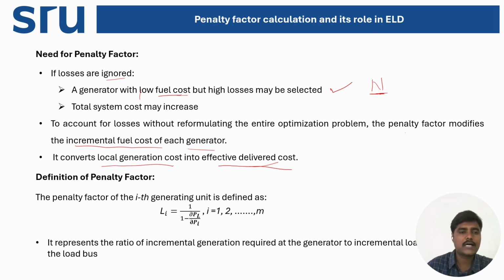So based on all these concepts, you can define the penalty factor for the ith generator as Li is equal to 1 by 1 minus dou PL by dou PI, where this Li is called the penalty factor of the ith generator, that can be expressed as 1 by 1 minus ITL, where ITL is expanded as incremental transmission losses.